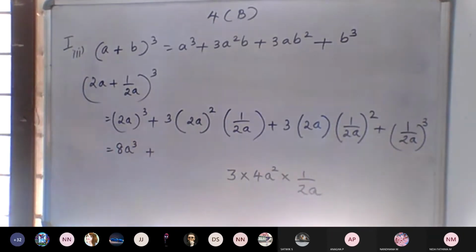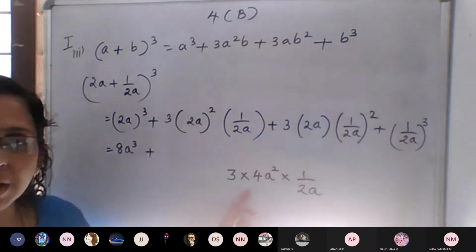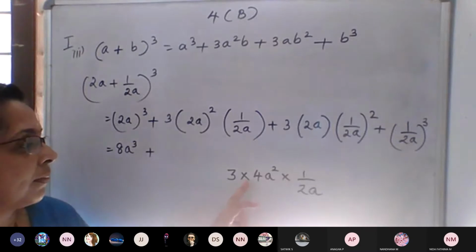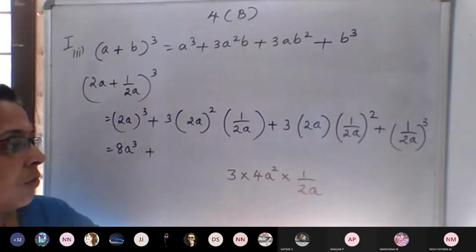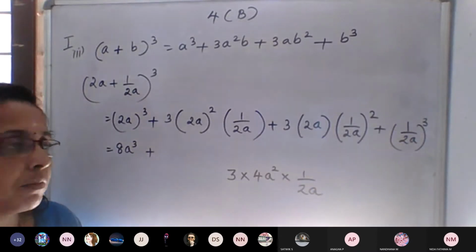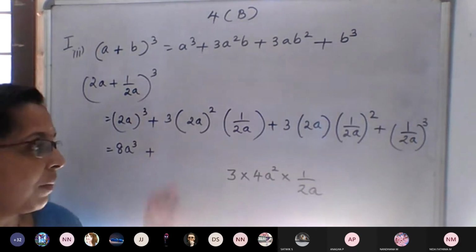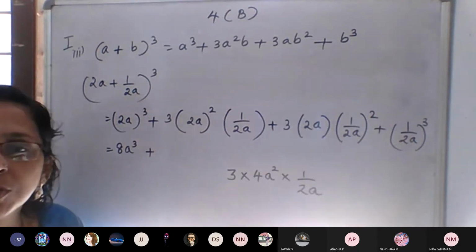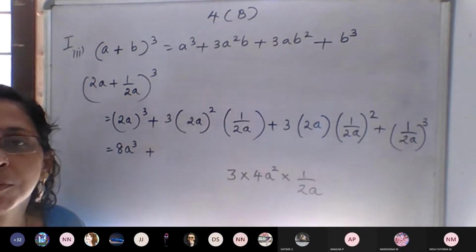Tell me, stop writing. Tell me 3 into middle term. After discussion we can write 3 into 4a square into 1 by 2a. I will give you time. Otherwise you will make mistakes, that's why.